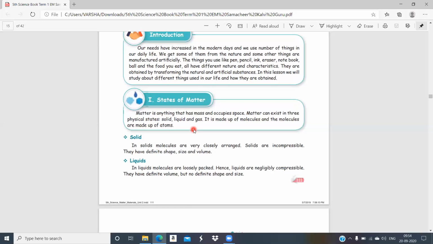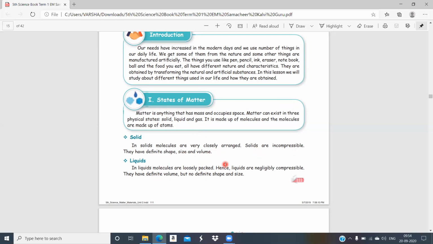Now we can see solid first. In solids, molecules are very closely arranged. Solids are incompressible. They have definite shape, size, and volume. In solids, the molecules, which are made up of atoms, are very closely packed.